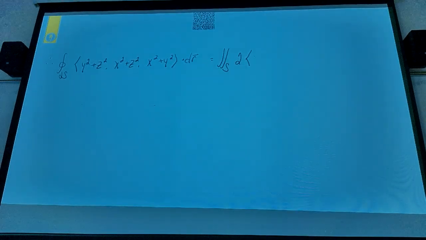That circulation is this surface integral. That's that flux.